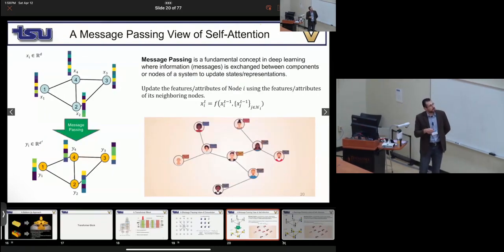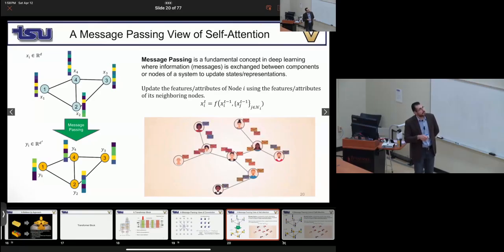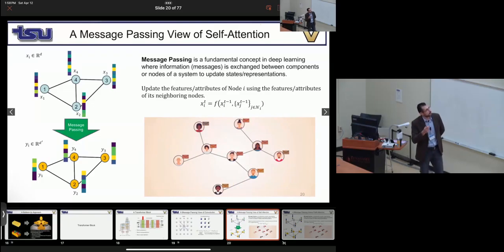Now, a little bit more careful, though not formal, definition of message passing. It's a fundamental concept in deep learning where information, or the message, is exchanged between components or nodes of a system to update state or representation. Usually we have this form: the updated feature for node i is a function of the previous feature for node i and the features of the neighbors of node i.